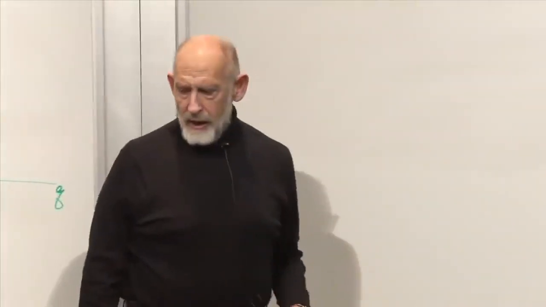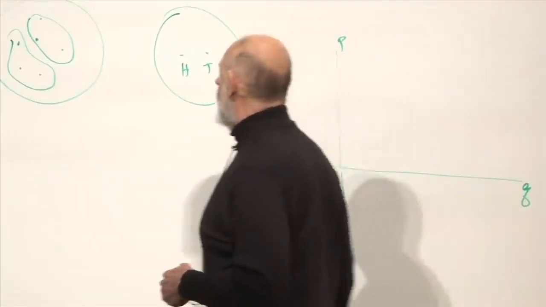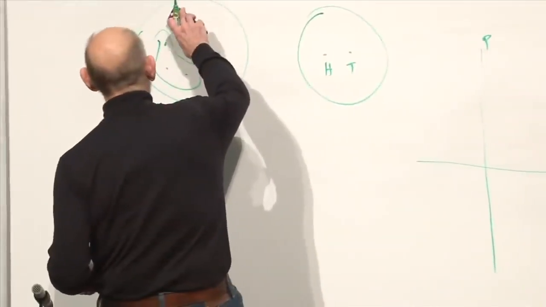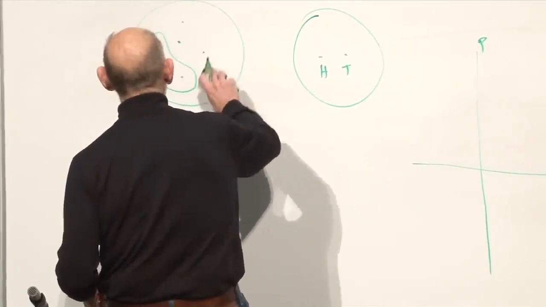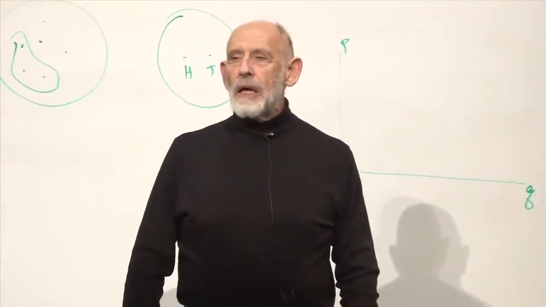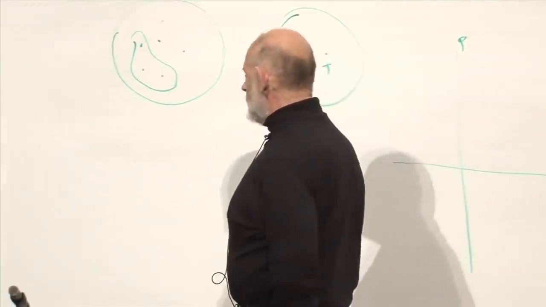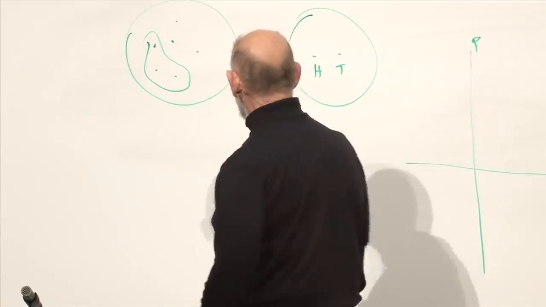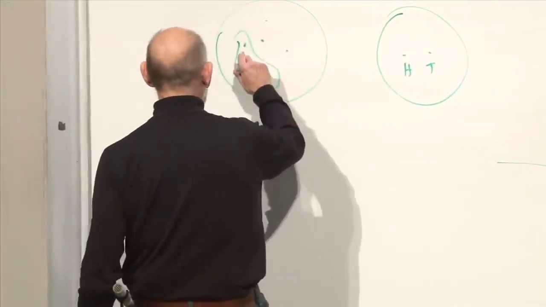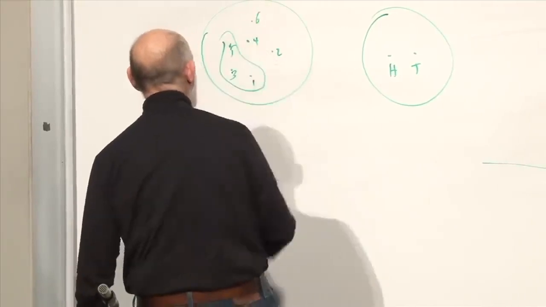Let's take another case. Let's take 2 propositions, one of which again is that the die is odd, and the other proposition is that the die is less than or equal to 3. All right, so let's see. Here's 1, 3, 5. Here's 2, 4, 6.